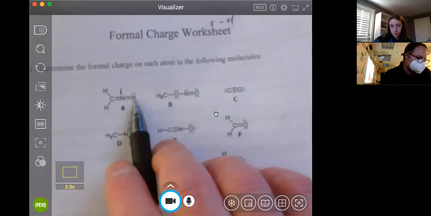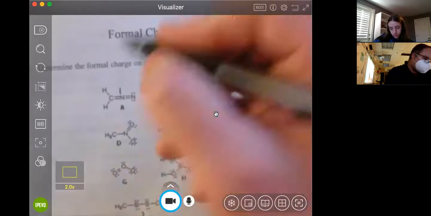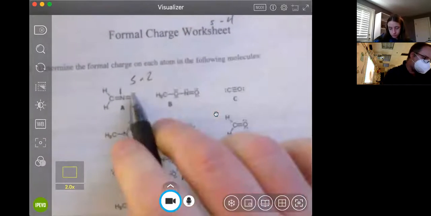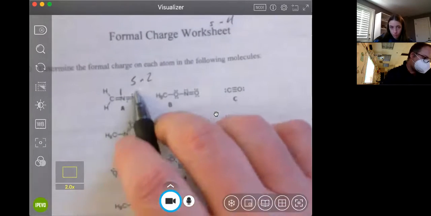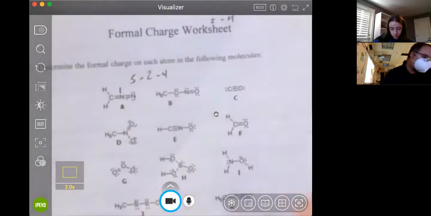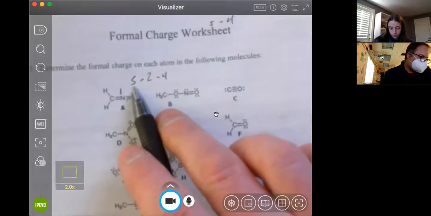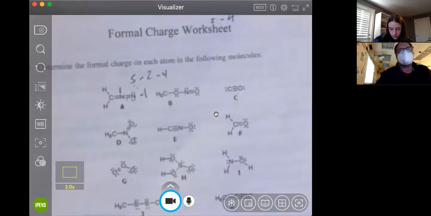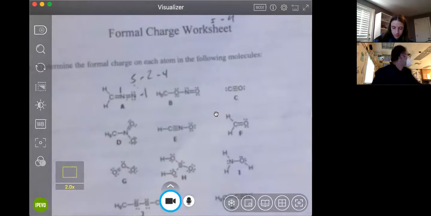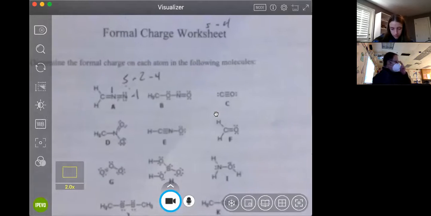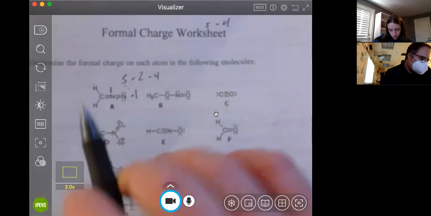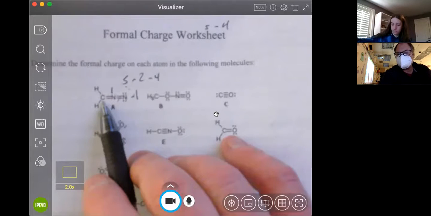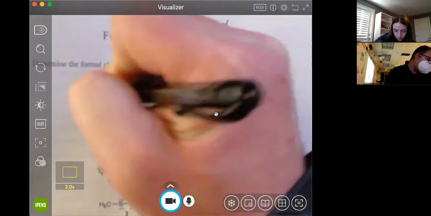What's the formal charge of this nitrogen? Well, again, 5 for the valence electrons, minus 2 for the bonds, minus 4 for the dots. So 5 minus 2 minus 4, that would be -1 for that one. How about for this carbon? What would the formal charge be? 0.